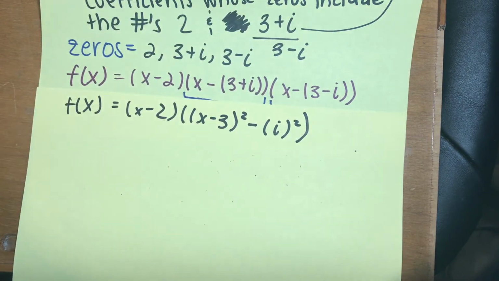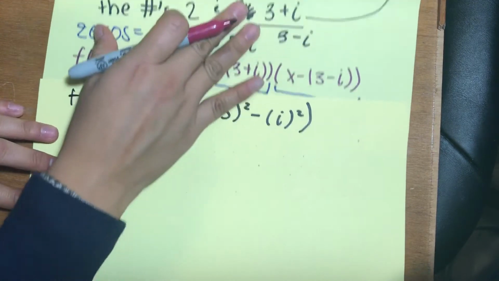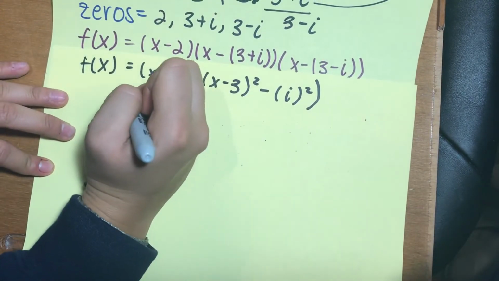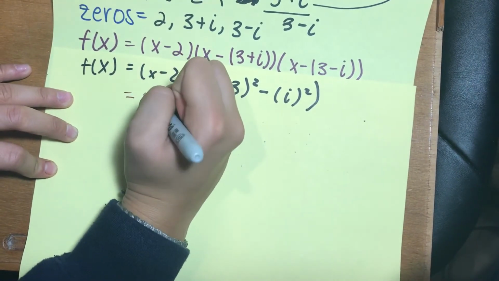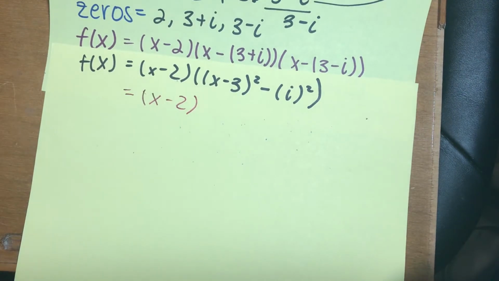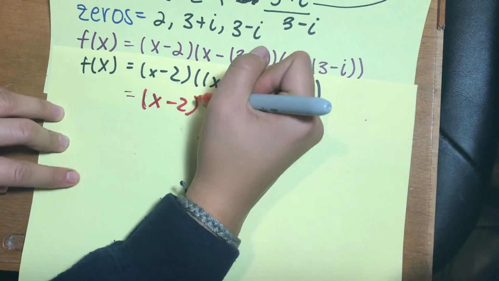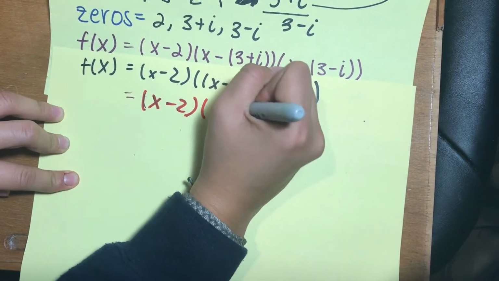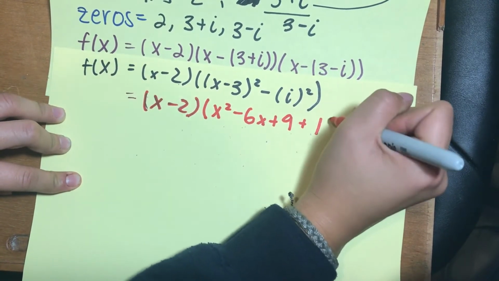So in this case, we would just simplify. We would multiply, simplify, and if we continue to do this process, we would get x minus 2 times x squared minus 6x plus 9 plus 1.